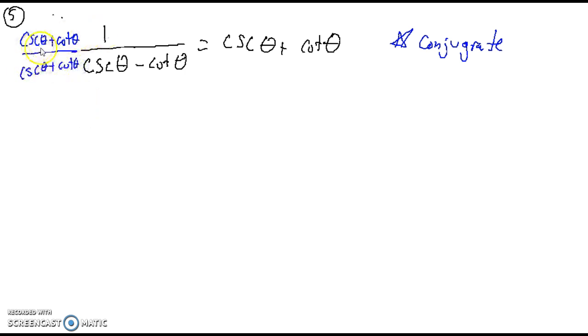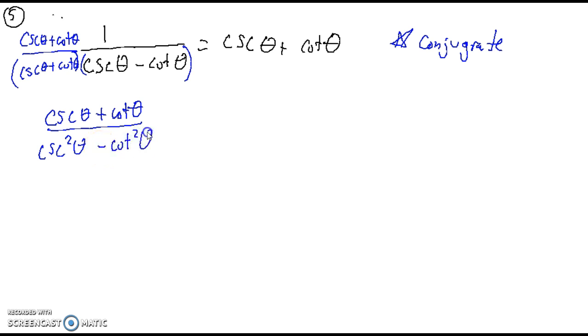So 1 times all of this is just going to say the cosecant of theta plus the cotangent of theta. It's as if we put parentheses around that. Cosecant and cosecant. This will be a cosecant of theta times the negative cotangent of theta, positive. That's all going to cancel out. And then finally minus the cotangent squared of theta.